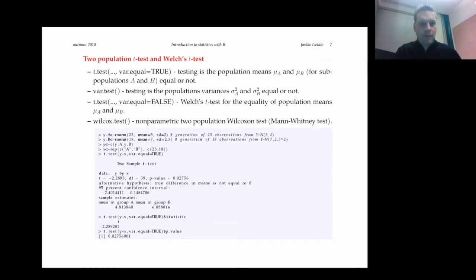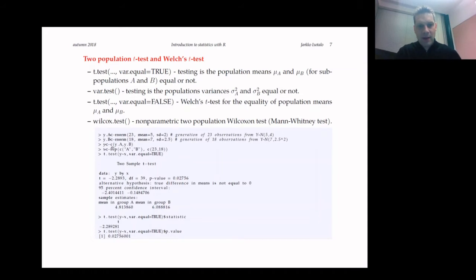In R, I have done a few examples, and this example code is really about first generating from a normal distribution with population mean 5 and population variance 4, generating 23 observations, and then generating population B, which has population mean 7 and standard deviation 2.5 raised to the power 2.